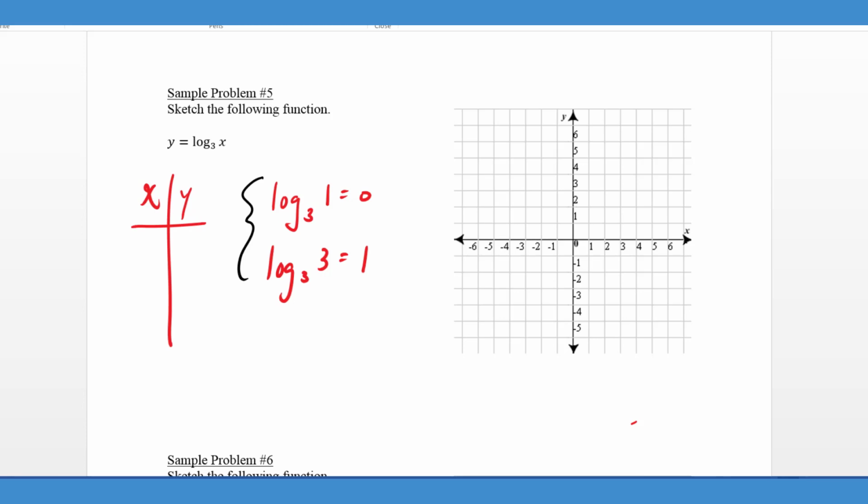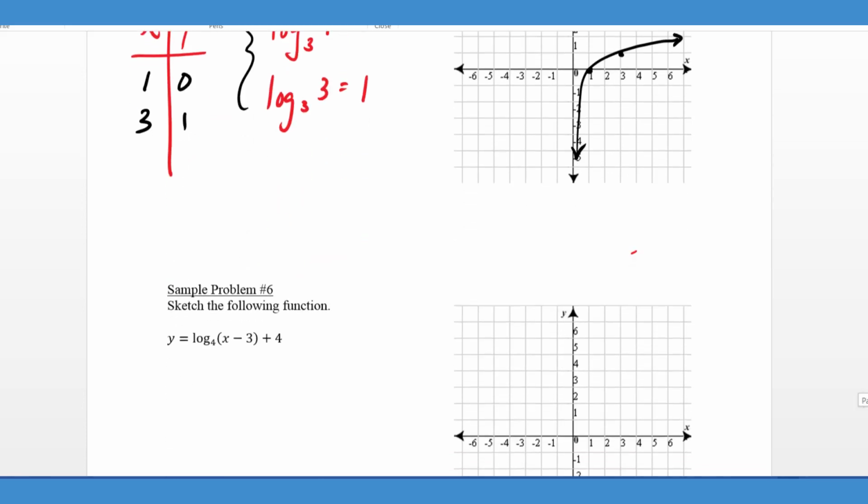And so you can see that's a really quick way for us to get a couple points. If x is 1 in this case, then y equals 0, and if x is 3, then y equals 1, and we know that the y-axis is going to act as a vertical asymptote, and that would be a quick sketch of that given logarithmic function.